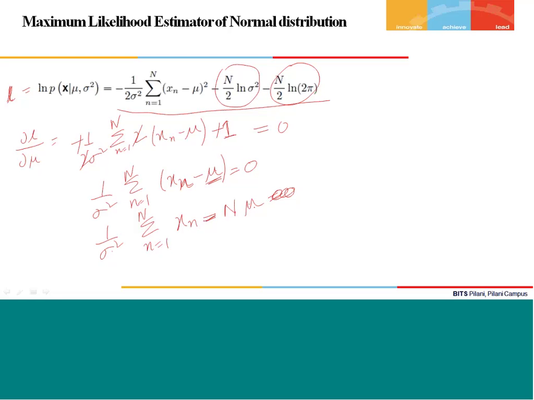Sorry, so you can remove this. You can take this variance to this side, and it will get multiplied by 0, so it will also go away.